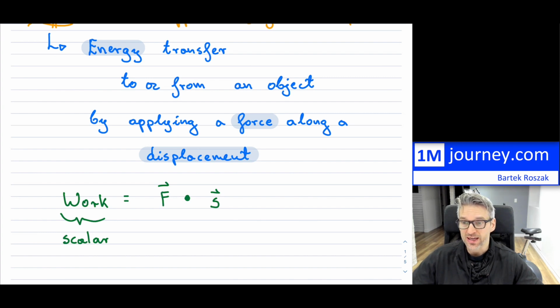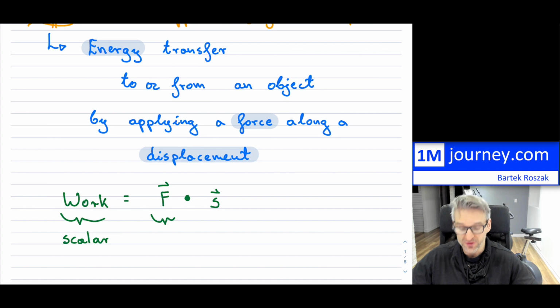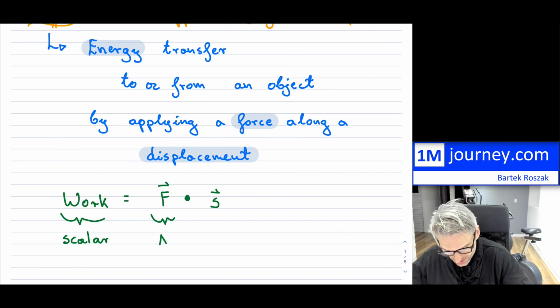Notice that work and energy are related, right? Work is just the energy transfer, so they're almost equivalent. If it is a transfer, they have to have the same unit. And indeed, they do. Now, we know that force, for example, in the metric standard is given in newtons.